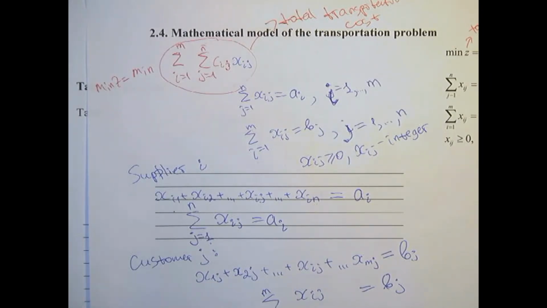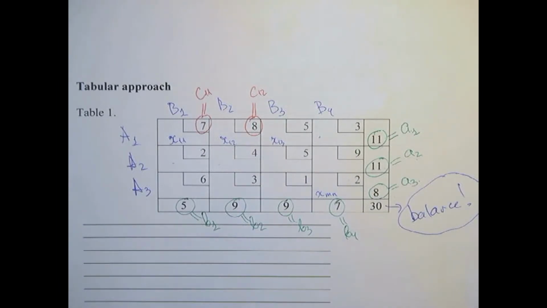Obviously, if there is overproduction, there will be a surplus on some suppliers' sides. So the question is, if the problem is unbalanced, what are the ways to solve it?